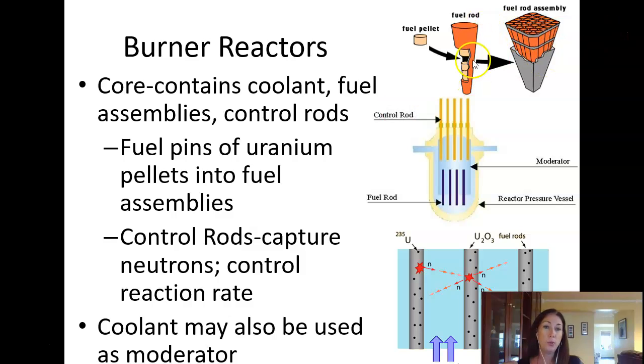So you'll have a fuel rod that has the uranium pellets in it. These pins will have these pellets that have that 4% or more concentration of the uranium-235. And you put these fuel rods together into a fuel assembly. These fuel assemblies are found in the core of your reactor. Now, these fuel rod assemblies are put into the coolant to help to moderate and slow that reaction down.